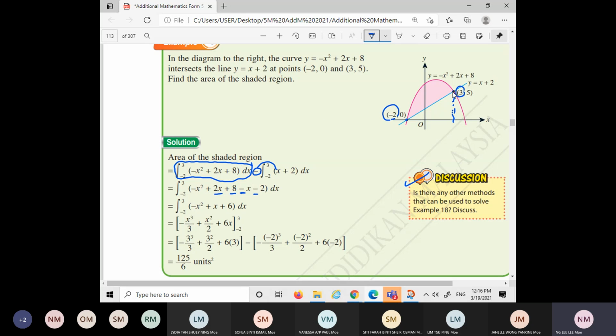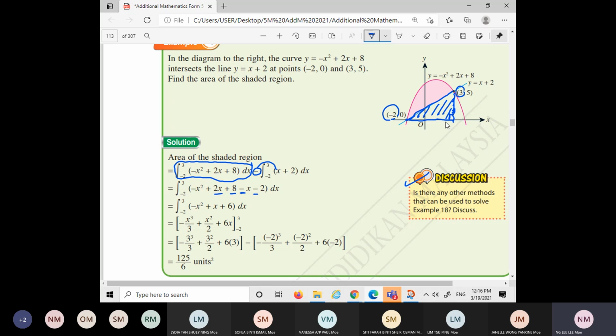After that, for the area under the straight line, actually, what are you seeing? This is a triangle. So you just use the formula for the area of a triangle.